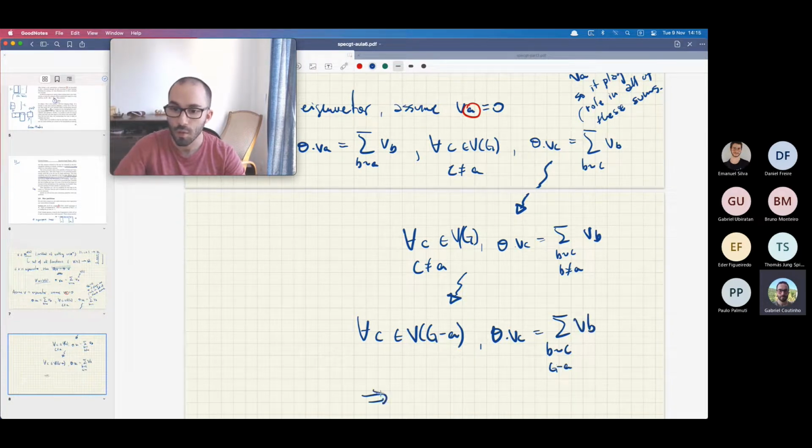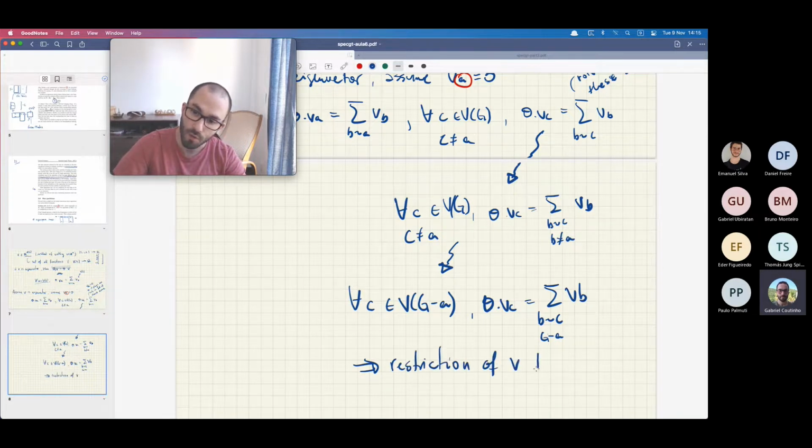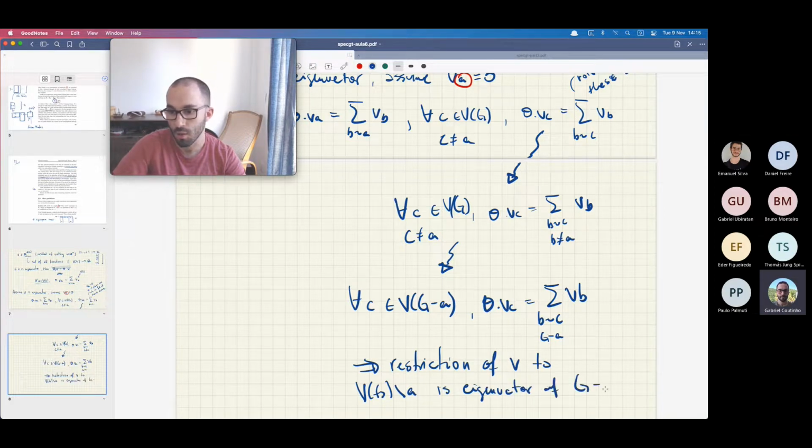The conclusion is that v with the A entry removed, the restriction of v to the vertex set minus A, is an eigenvector of G minus A.